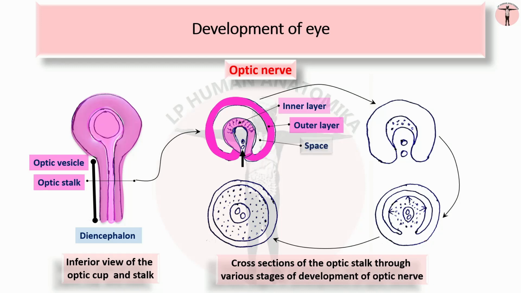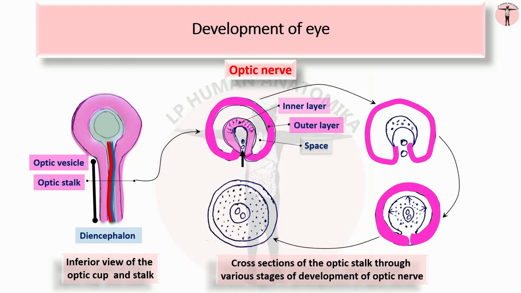The optic fissure is invaded by the mesenchyme, which gives rise to hyaloid vessels. The outer layer of the optic stalk becomes the neuroglial sheath that surrounds the optic nerve. It also gives rise to the glial components of the lamina cribrosa.